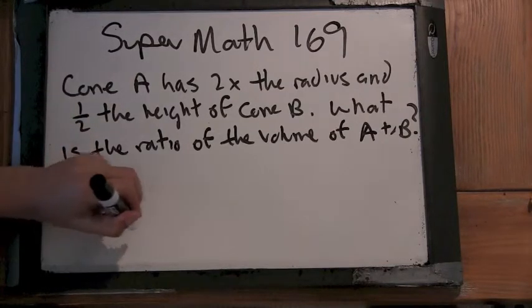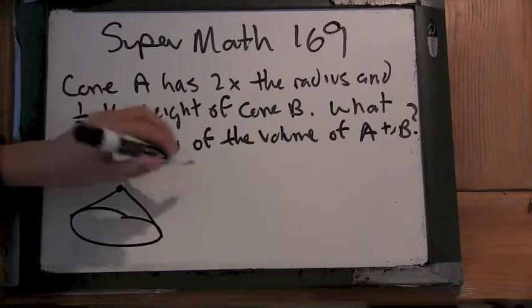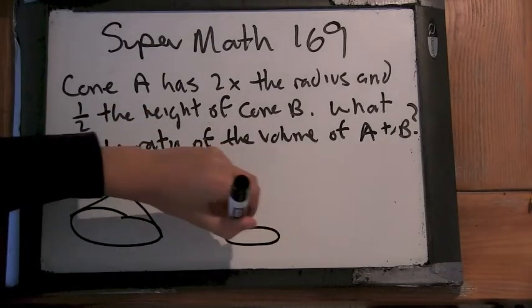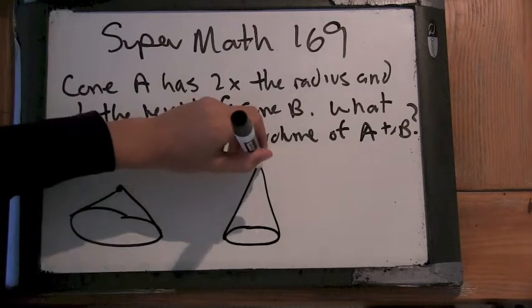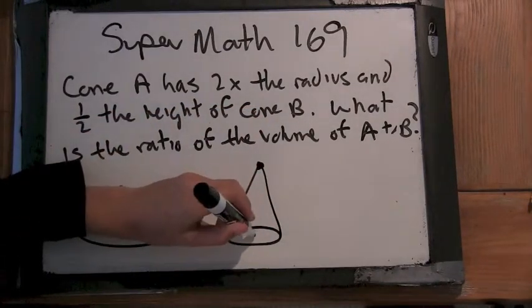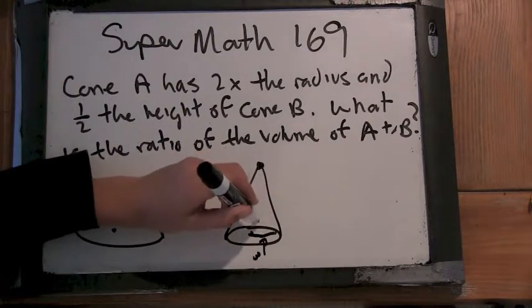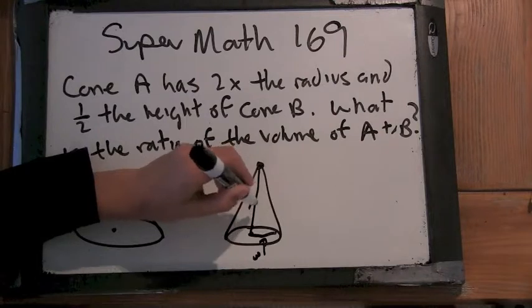Okay, so how did you solve this problem? So first I'll draw the cones. So this is going to be cone A, and here's cone B. So for simplicity, I made the radius be 3 and the height be 4.